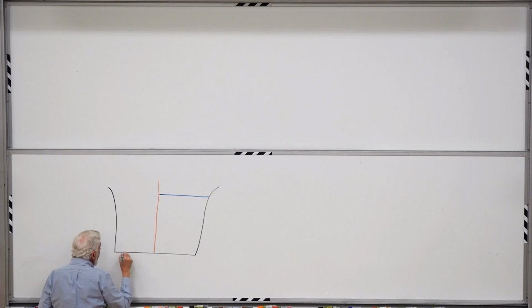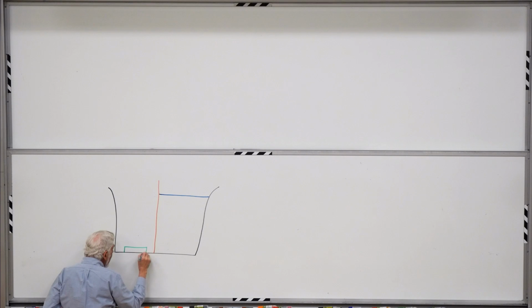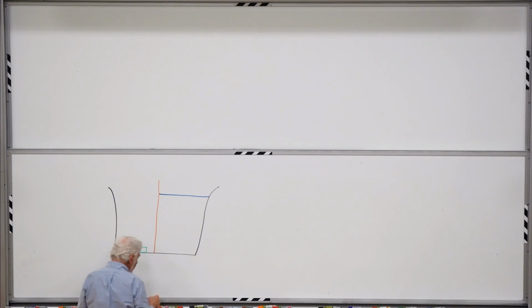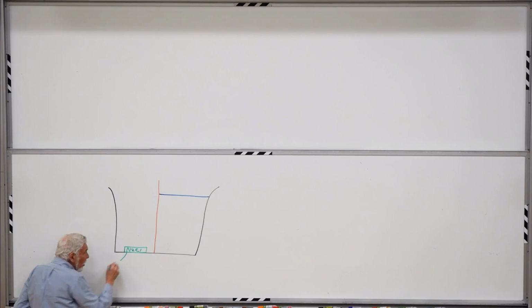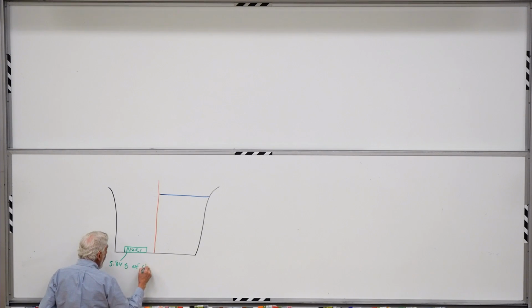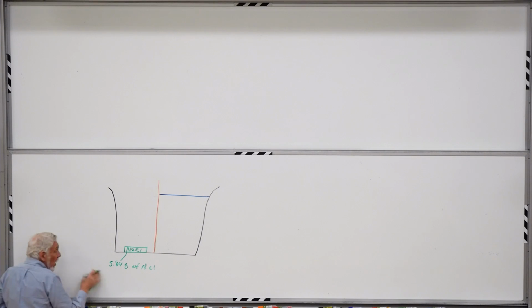On this side, we're going to start as we did yesterday with a sodium chloride crystal. And we said yesterday that we took precisely 5.84 grams of sodium chloride. Now you remember that there are 58.4 grams per mole for sodium chloride.